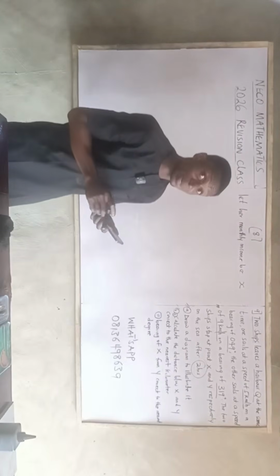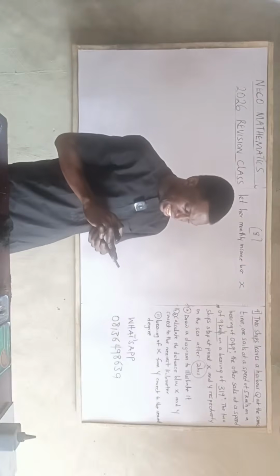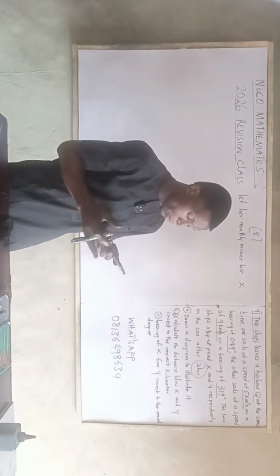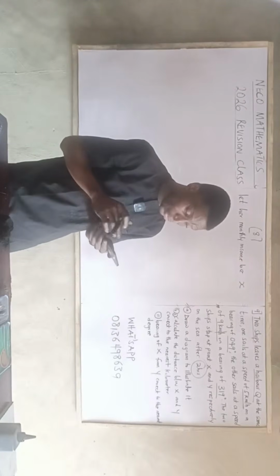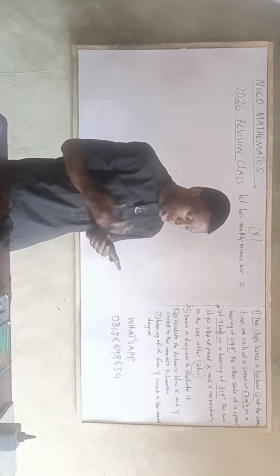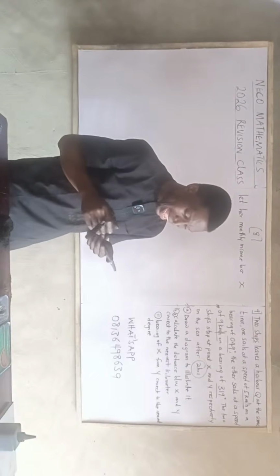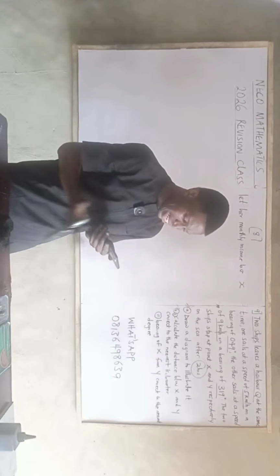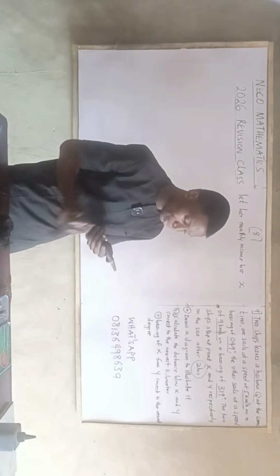Okay, I should read the question to them. A woman spent 1/4 of her monthly income on food, 1/3 on open market, and 2/5 of the remainder on mechanic workshop.